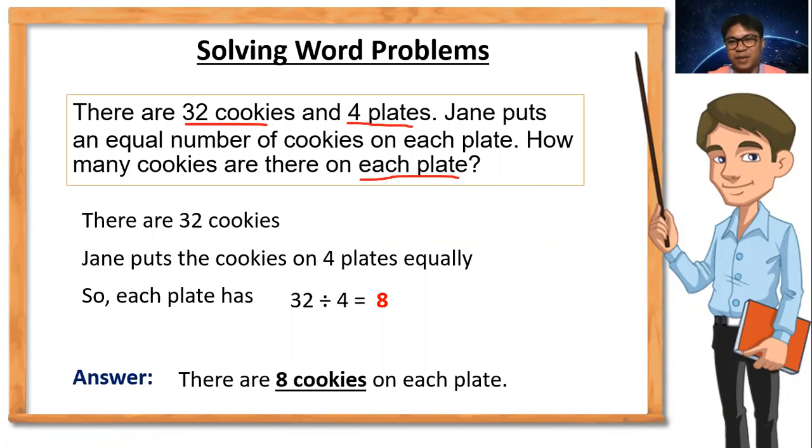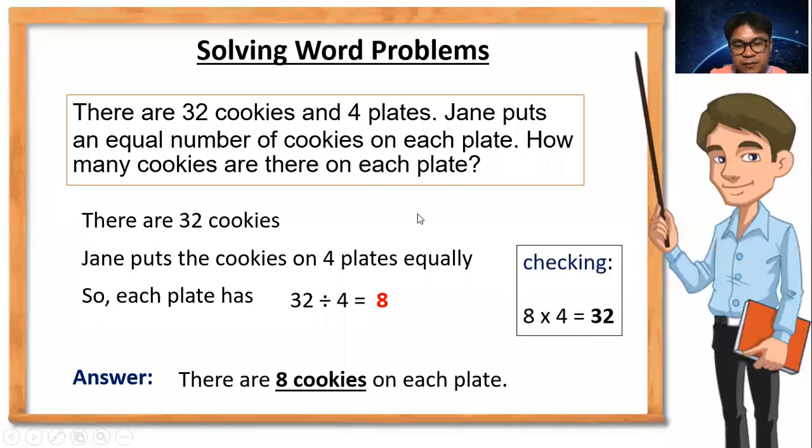And then your final answer in a formal sentence based on the question. So you should learn this one and remember these steps here, how we solve word problems. If you check this one, 8 times 4 equals 32. So our answer is correct.